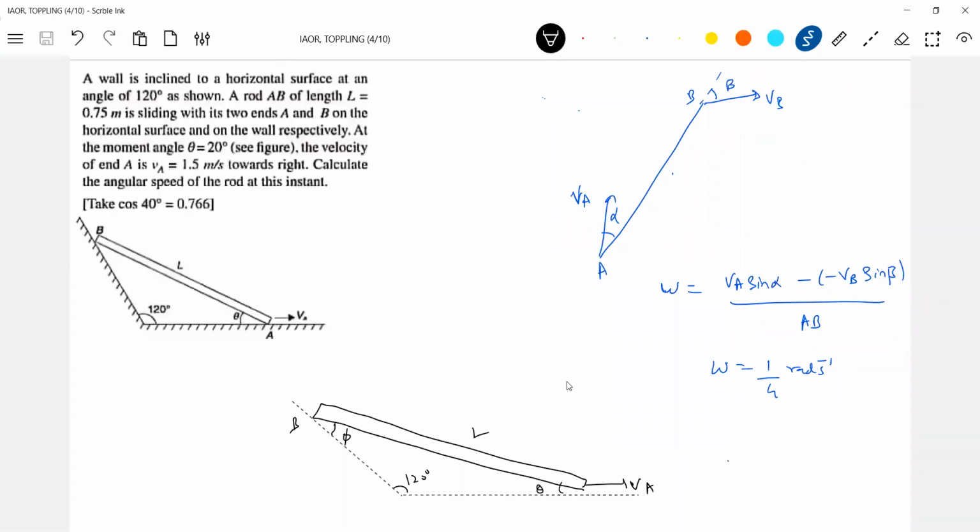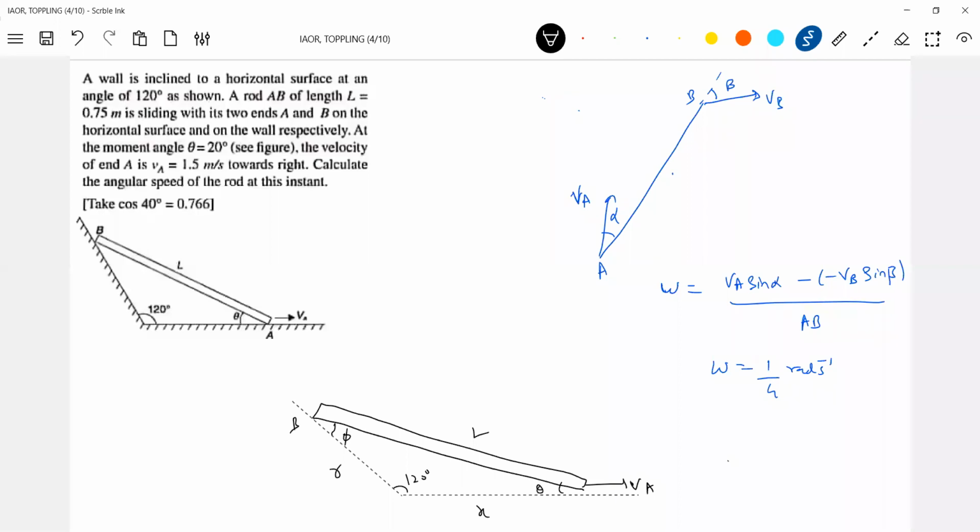So let me take this as X, this as R. Apply the sine rule. Theta is given as 20, and this is 120 degrees. What can be the angle phi? So that we can get easily.